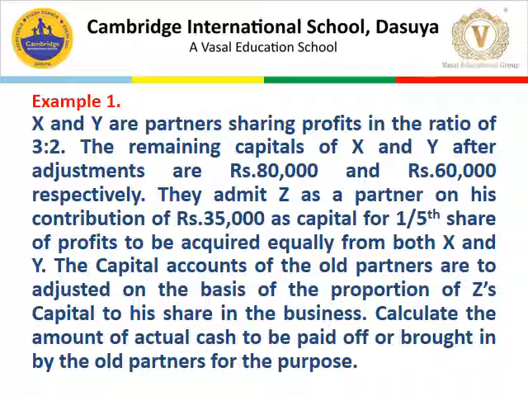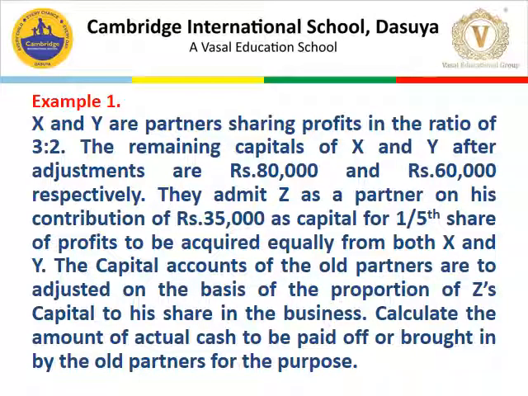They admitted Z as a partner on his contribution of 35,000 as capital for 1/5 share of profits to be acquired equally from both X and Y. The capital accounts of the old partners are to be adjusted on the basis of proportion of Z's capital to his share in the business. Calculate the amount of actual cash to be paid off or brought in by the old partners for the purpose.